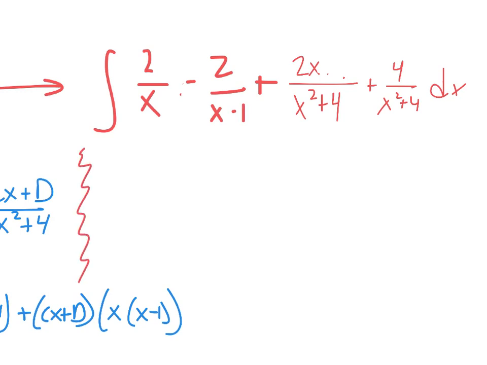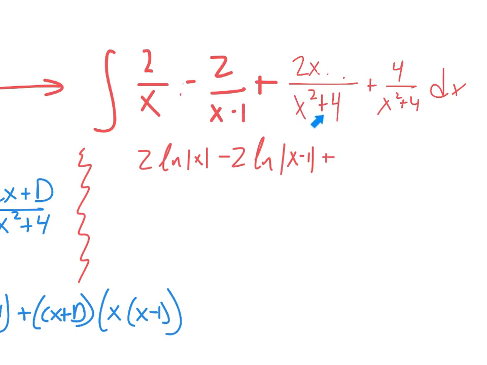So integrating 2x, we have 2 times the natural log of the absolute value of x minus 2 times the natural log of the absolute value of x minus 1. Then plus, now we've got a little u substitution here.